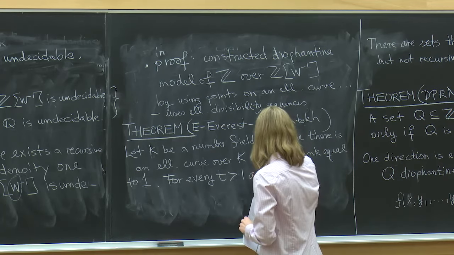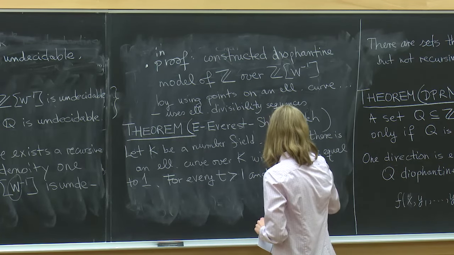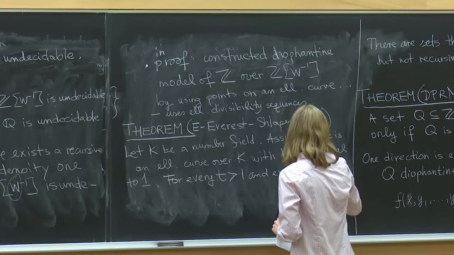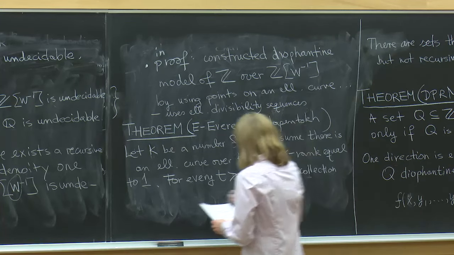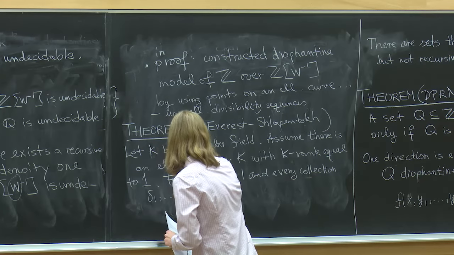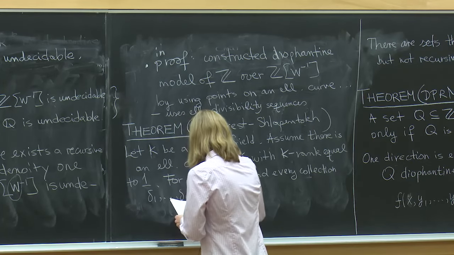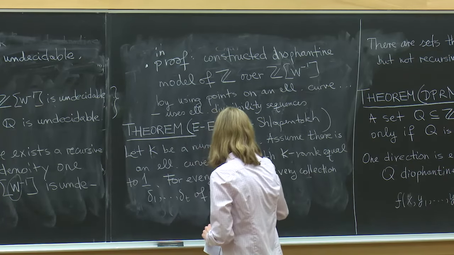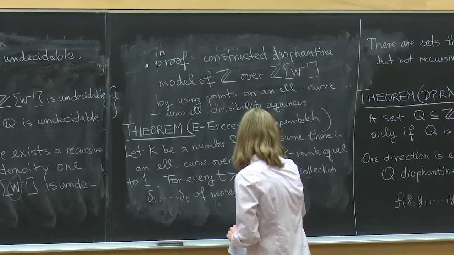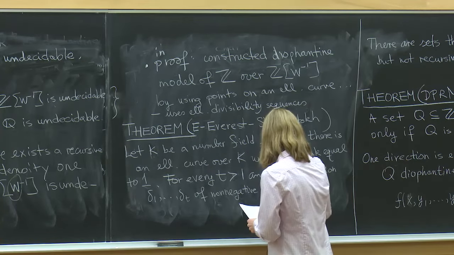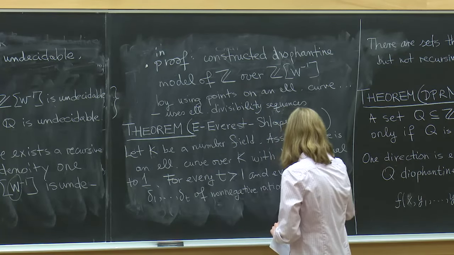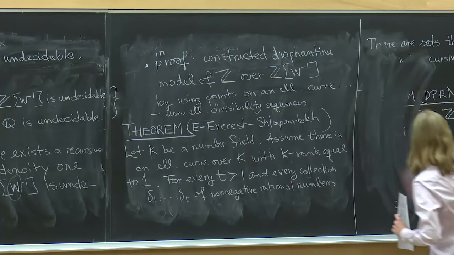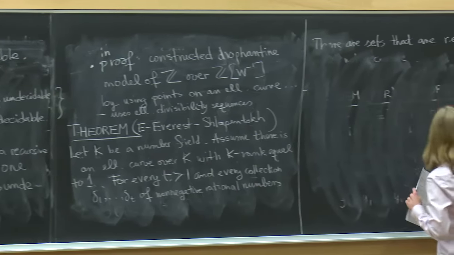So, for every collection delta 1 through delta t of non-negative rational numbers, these will be my densities. And if they're going to be densities and I want to make a partition, then they better add up to 1.